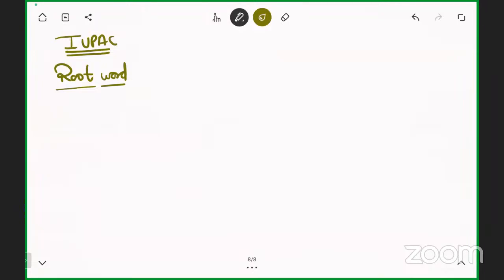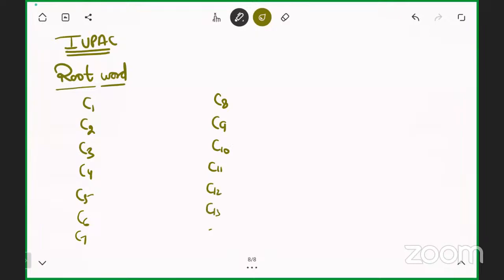I'm writing the number of carbons and you have to tell me the name: C1, C2, C3, C4, C5, C6, C7, C8, C9, C10, then C11, C12, C13, C14, then C20, C30, C40, C50, C60, then C100. At least up to 10, probably you know. So just tell me fast.